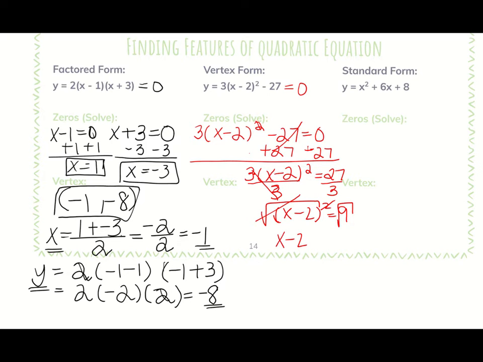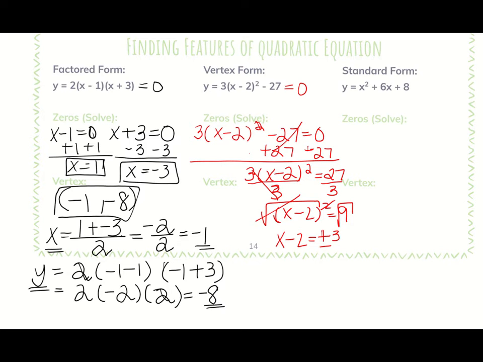I'm getting closer and closer to figuring out what x equals. Now, a big thing with solving by square roots is remembering that when I take the square root of a number, it's not just the positive value, but also the negative value. This is really positive 3 and negative 3, because 3 squared is 9, but negative 3 squared is also 9.